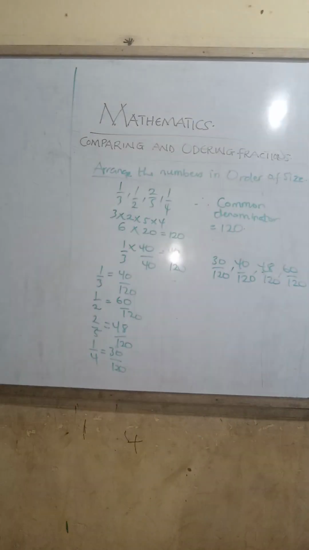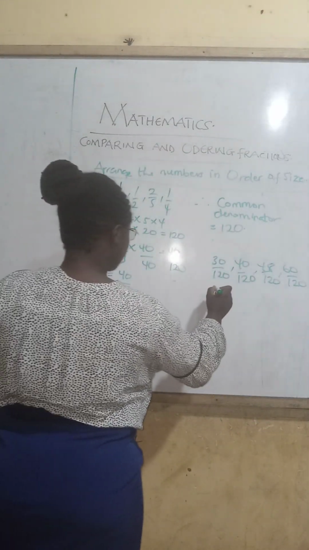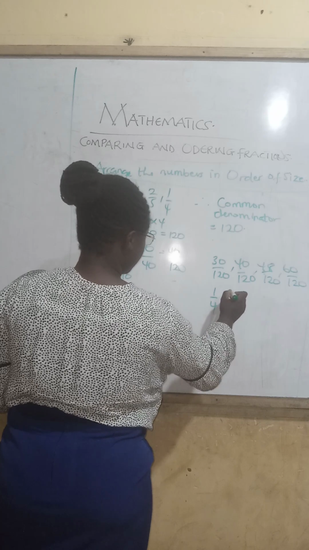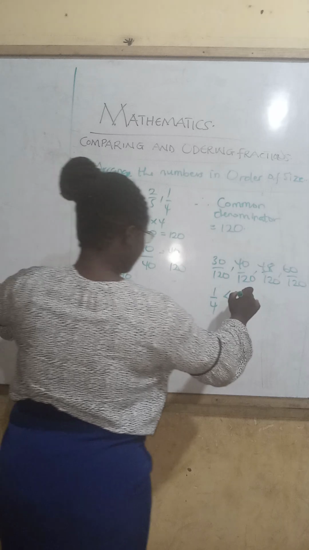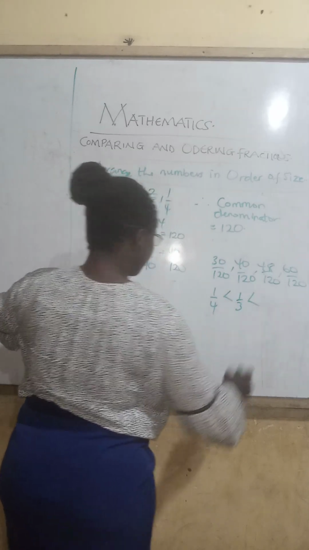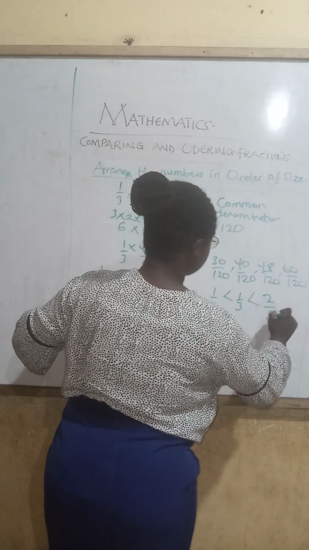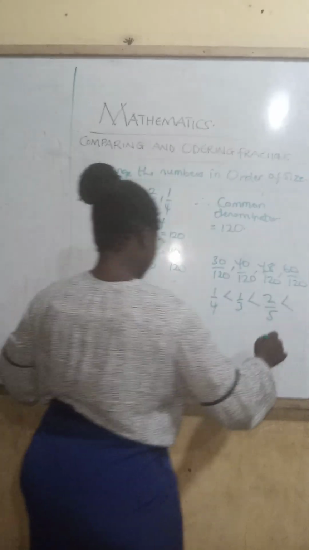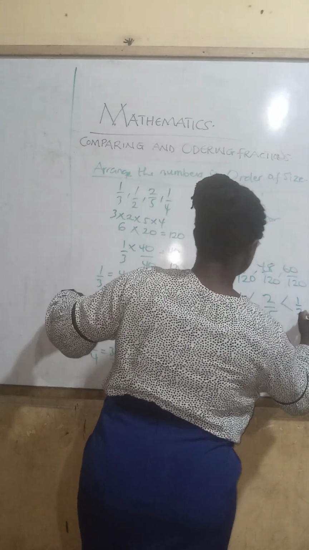Therefore, using the given fractions, 1 out of 4 is less than 1 out of 3, less than 2 out of 5, and less than 1 out of 2.